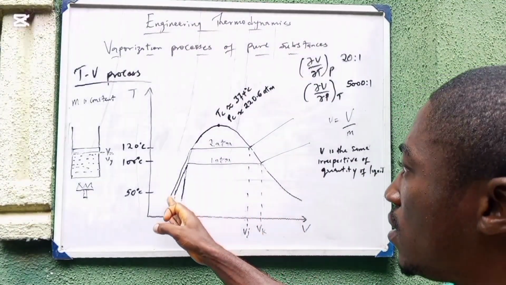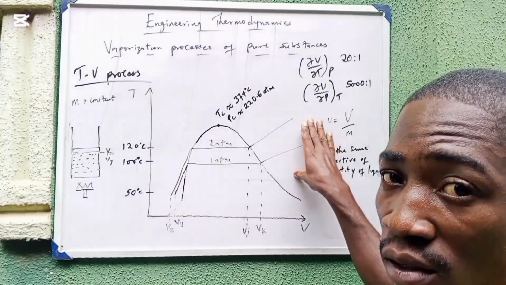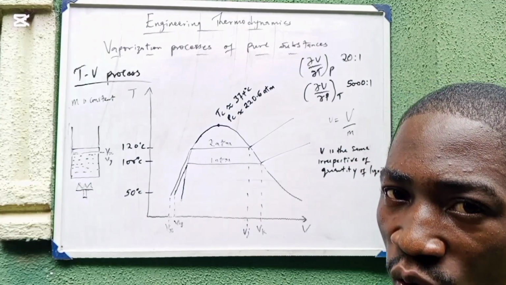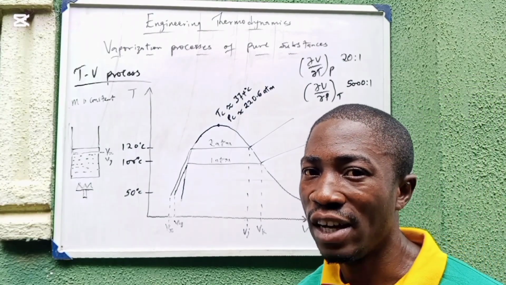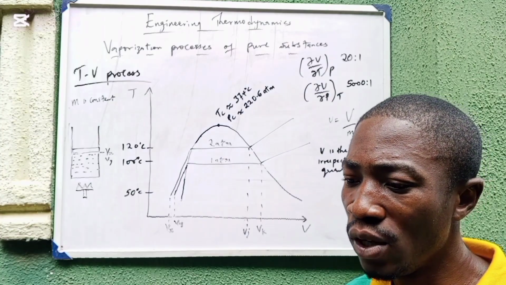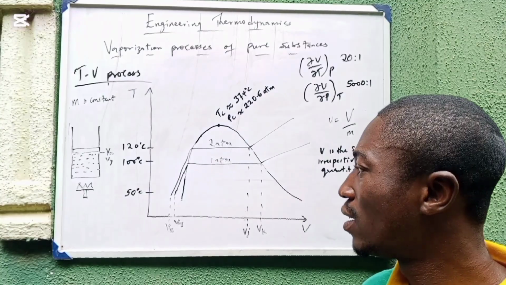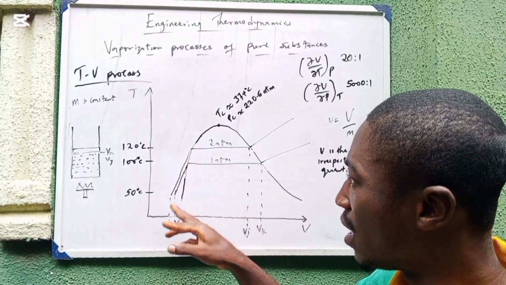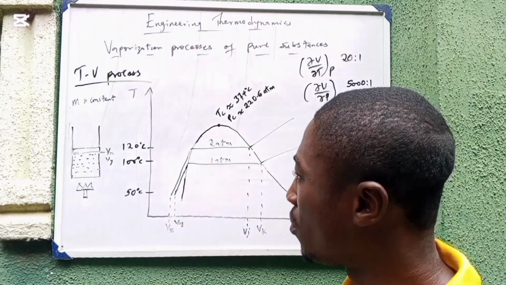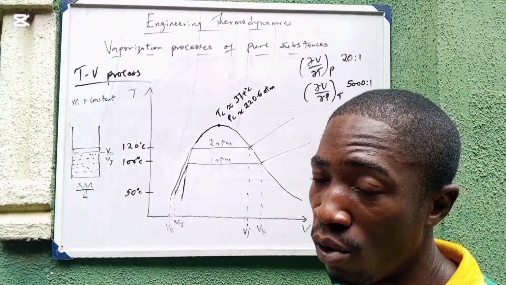Here we have a greater slope compared to this part of the graph, and the reason is that the increase in the volume of liquid with increase in temperature at fixed pressure is always small. Liquid has strong intermolecular attraction. That's why we have a greater slope here, indicating that we need a high temperature difference to produce a small change in volume.